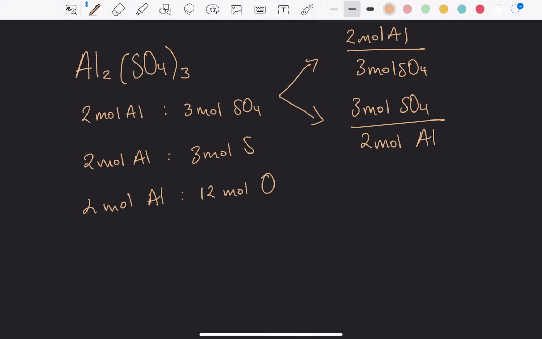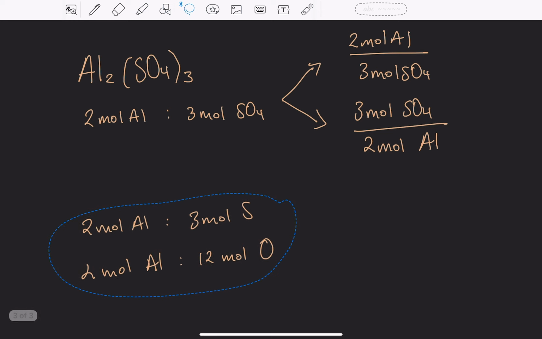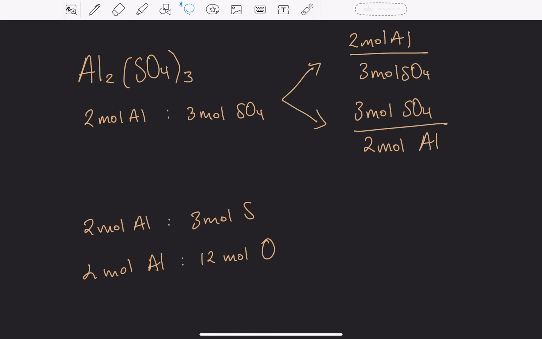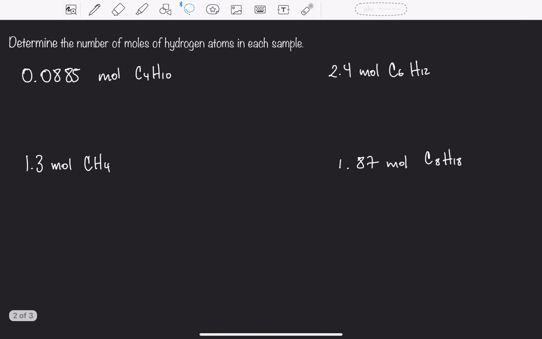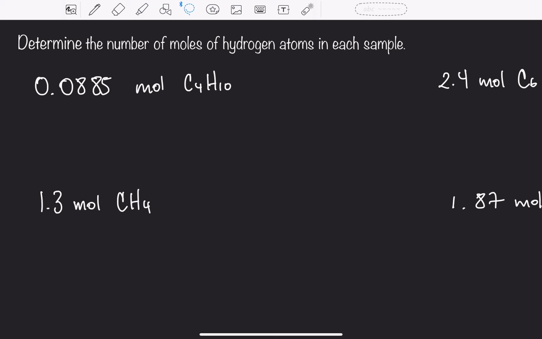So I can make conversion factors for every single one of these relationships and do calculations accordingly. So with that in mind, let's focus more on these carbon-based compounds, and we're going to determine the moles of hydrogen in each of the given samples.